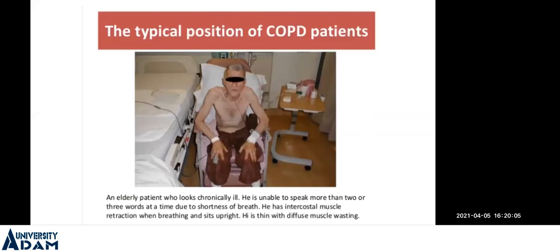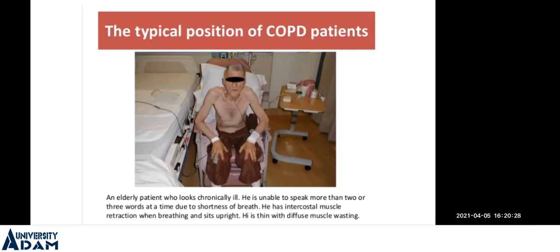Here are the typical positions of COPD patients. This is a respiratory problem. Look how he fixes his hands, fixes his feet, and tries to catch air by using the additional breathing muscles.